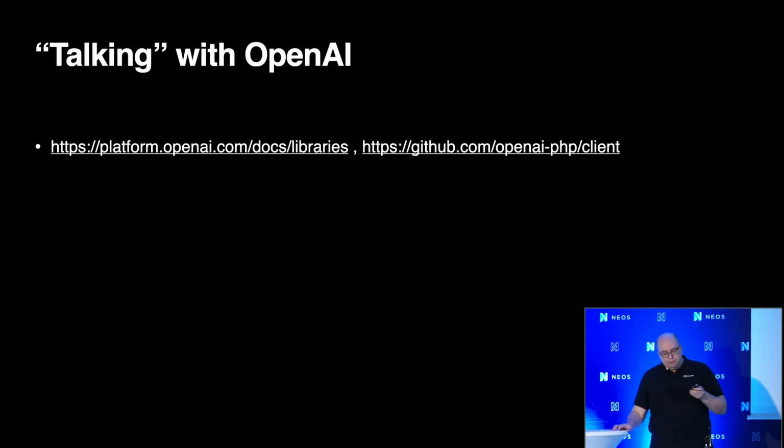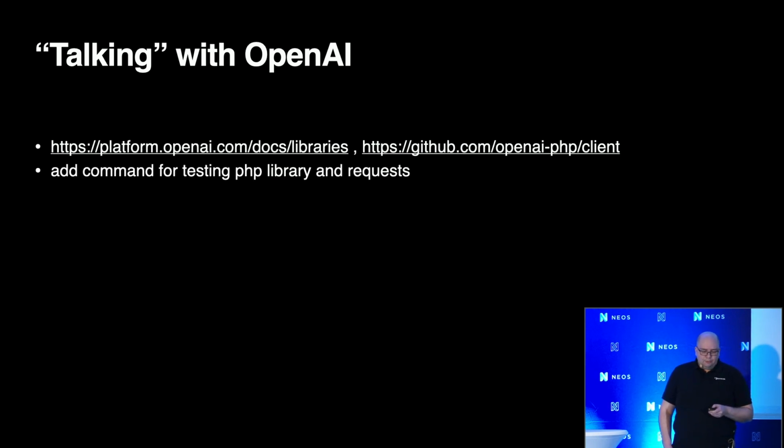I decided to use the OpenAI client API and integrated it into my package. In the first step, I wrote a small command controller to test the library, to see if I get similar results from it as in my JavaScript experiment, and everything seemed to work great.